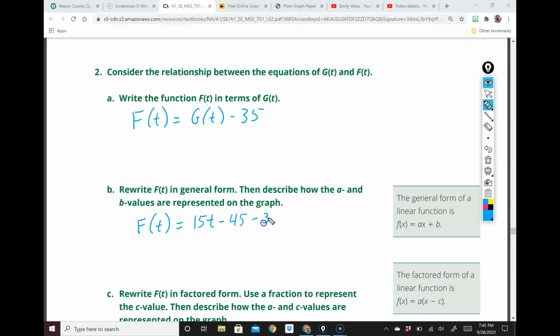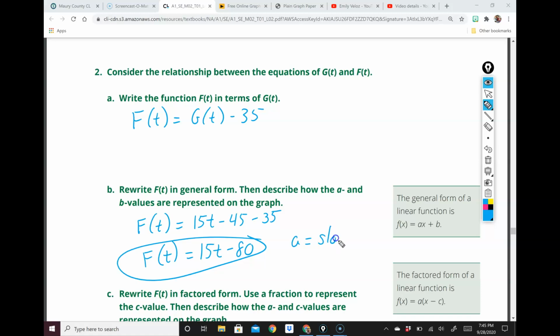Then we're going to subtract another 35. So f(t) equals 15t minus 80. So a is our slope. a was our 15. b is our new y-intercept of negative 80.